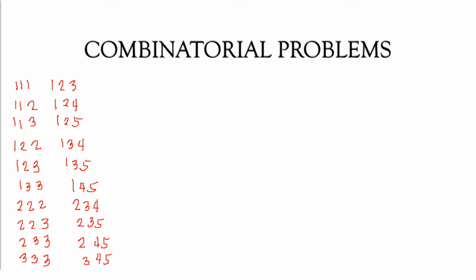Thus, the number of such samples can be written as the combination of n plus r minus 1 taken r at a time. So that can be shown using this formula.